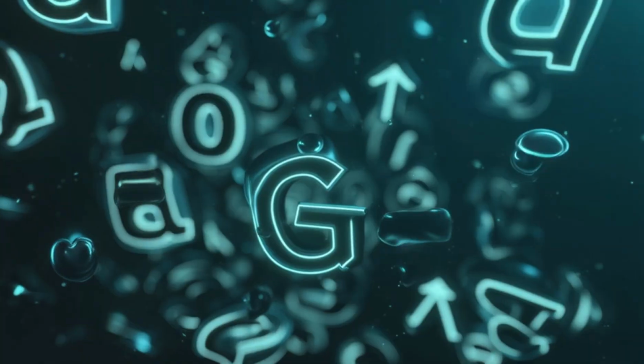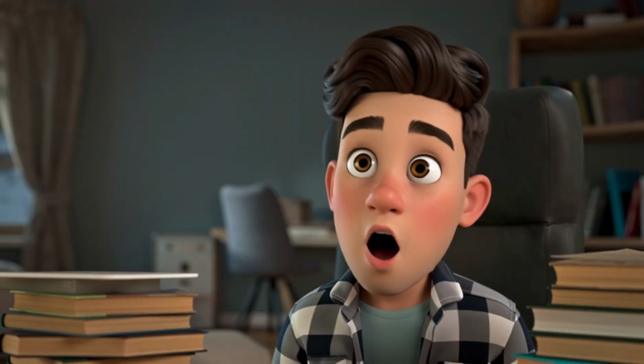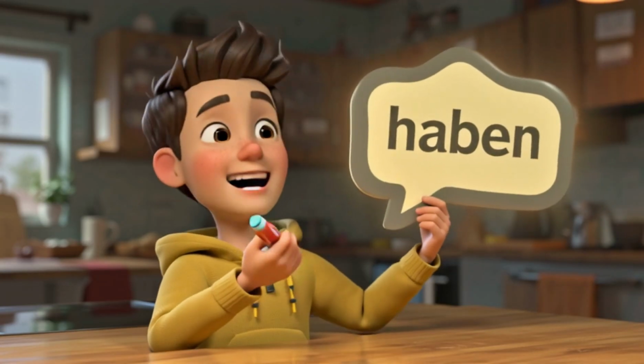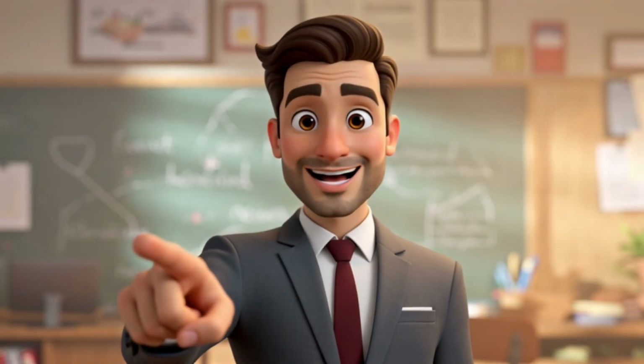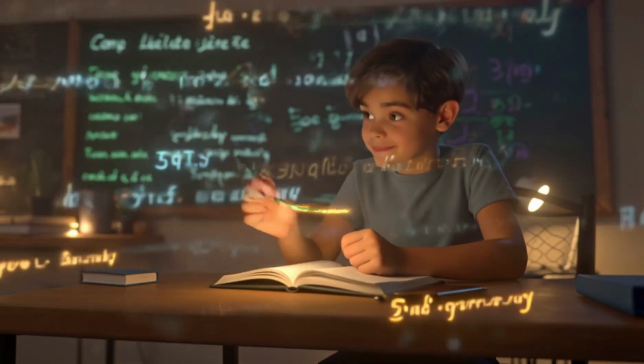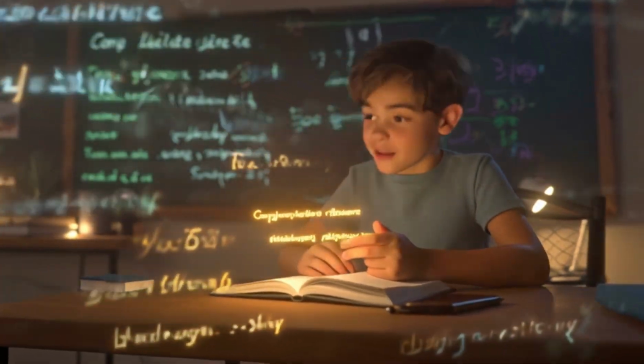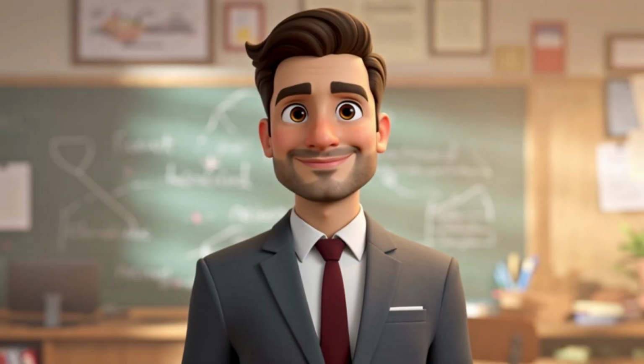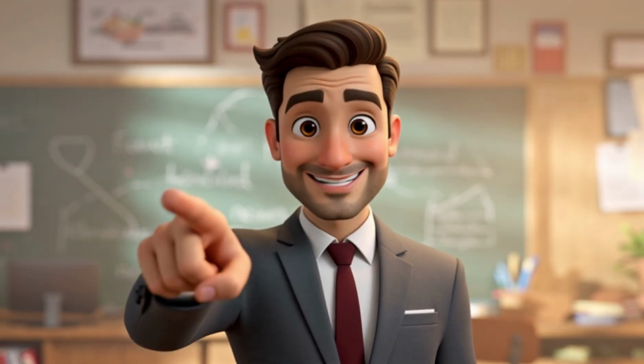Nouns start with capital letters, and verbs like sein and haben are extremely important. You already know more German grammar than you think, and the best part is, you don't need to memorize everything immediately. Learning a language is about repetition, small steps, again and again. That's how fluency grows.